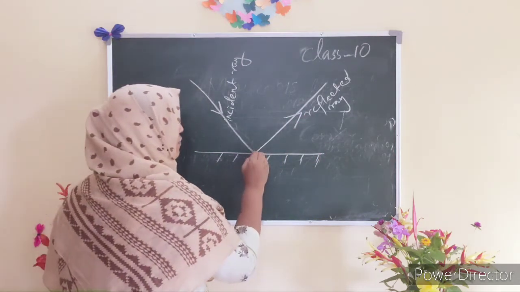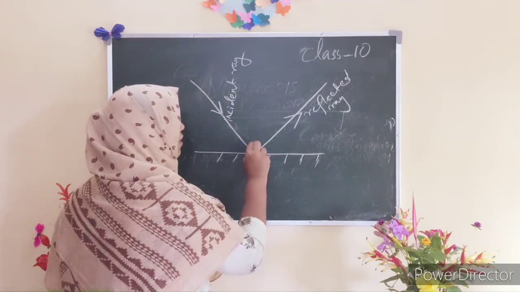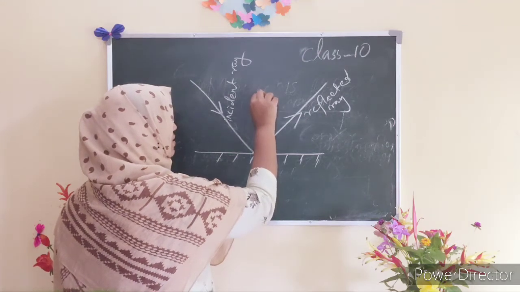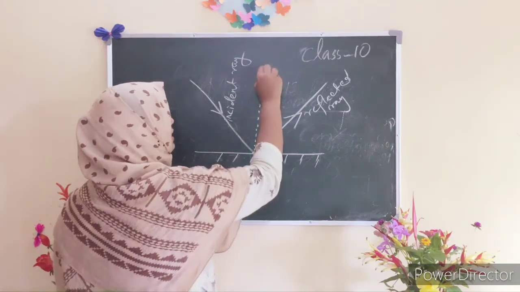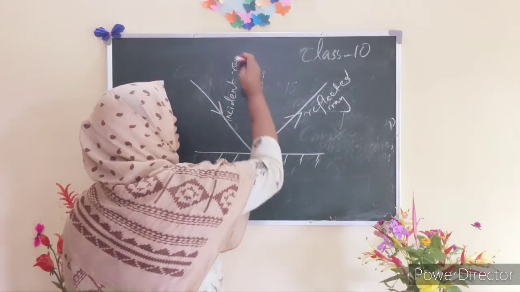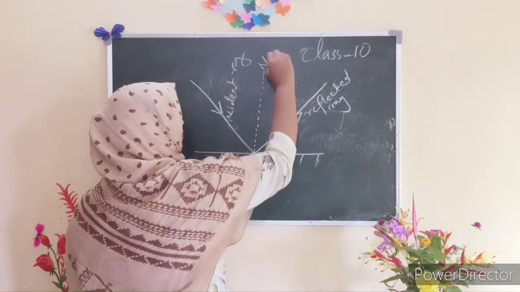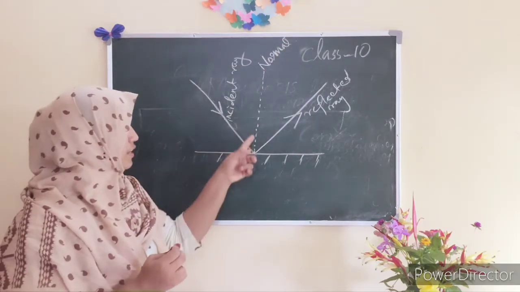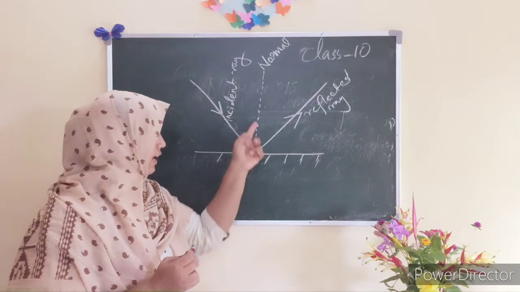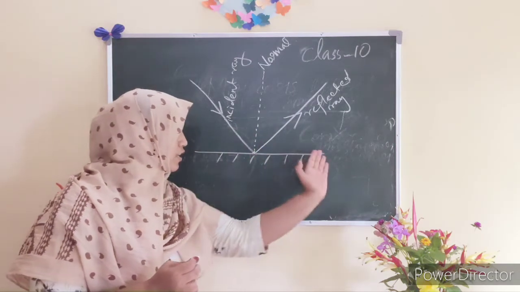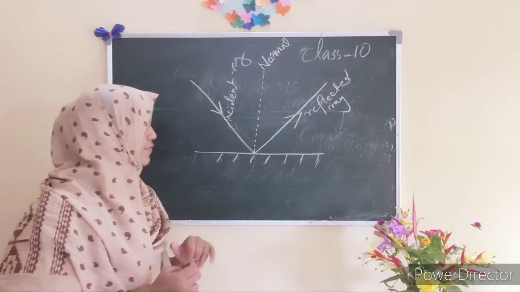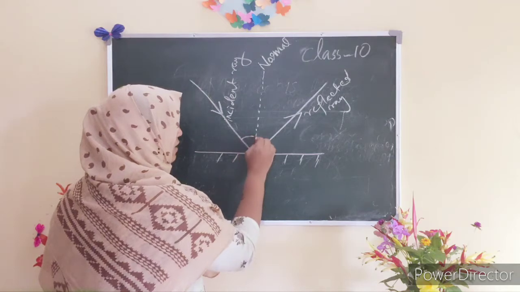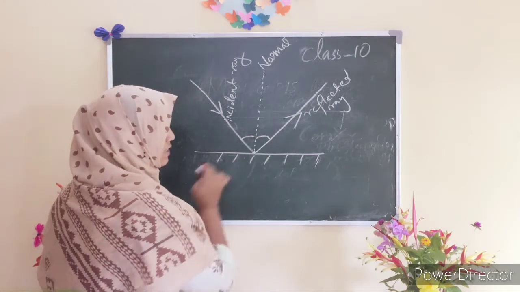After that, we construct a perpendicular line from the surface, and this line is the normal, a line perpendicular to the reflector, 90 degrees.